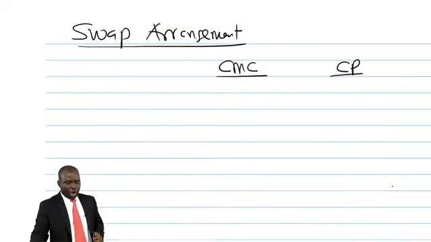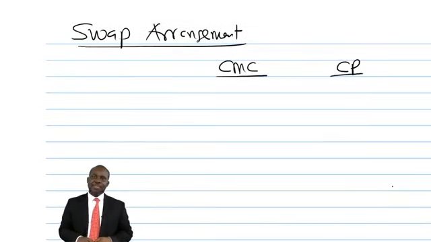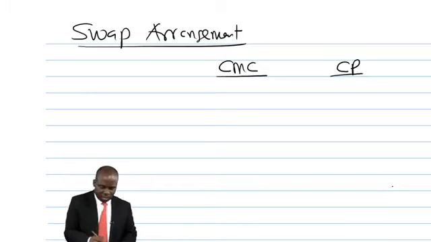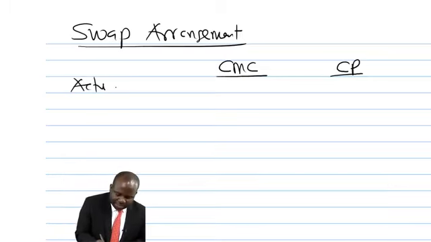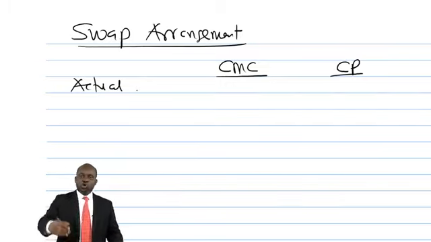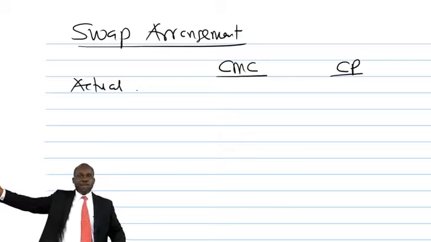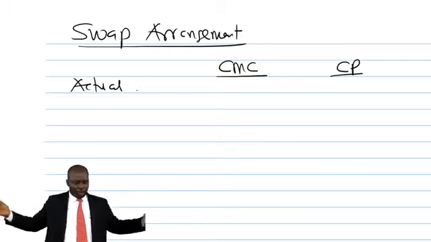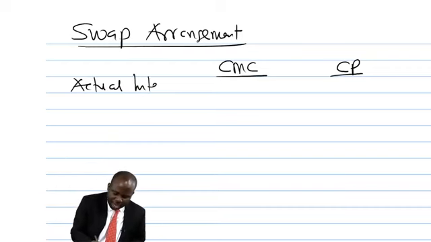Brilliant. So I'll start here by saying that CMC, what will be my actual rate? So what is the actual rate? This is what I would have to pay to my bank. This is what the counterparty should pay to the bank based on what they initially agreed with the banks that they borrowed from. So this is the actual interest.